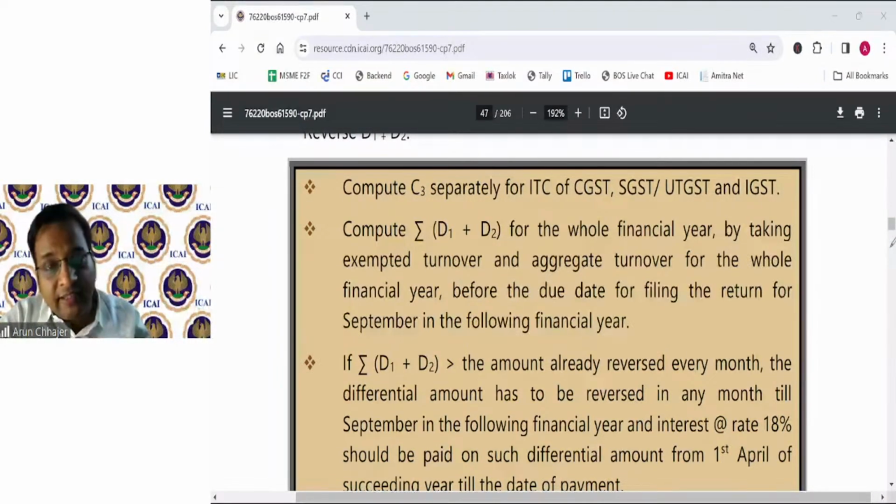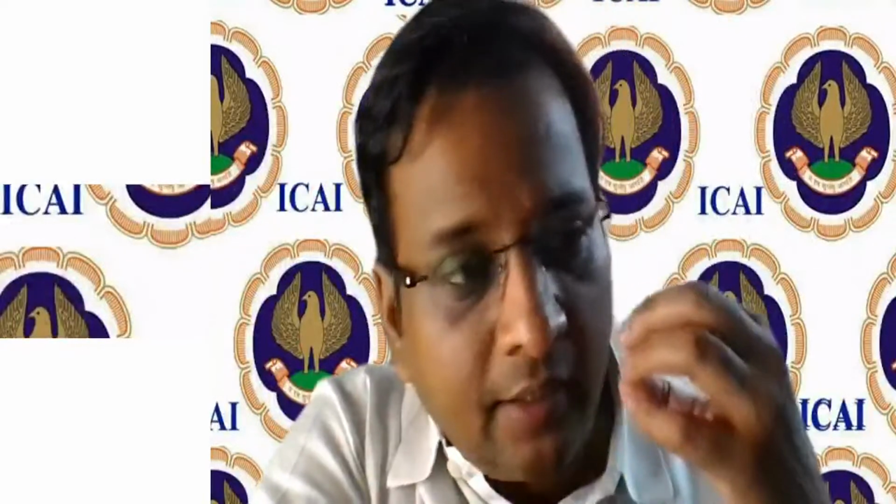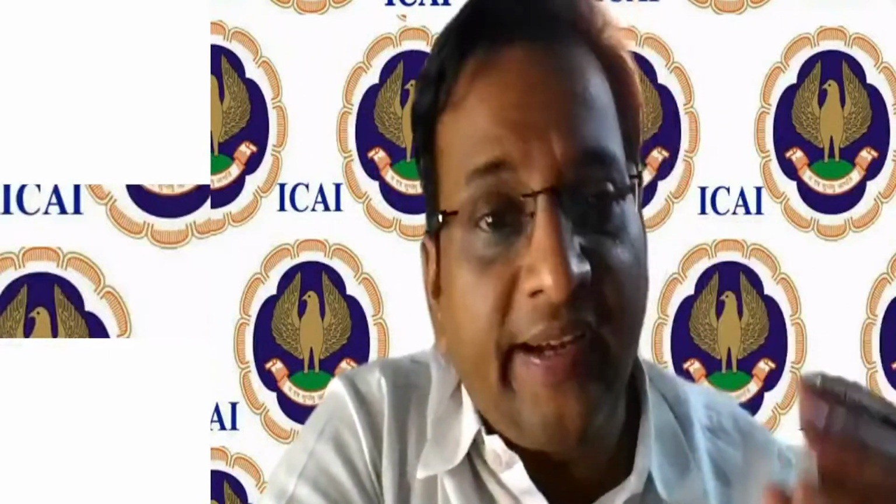And you have asked one thing, that will it be done monthly or yearly? 2 times. Please remember, the calculation would be done 2 times. First, you calculate on every tax period by taking the monthly data. You have some amount of exempted turnover, some amount of taxable turnover, some amount of ITC during the tax period.